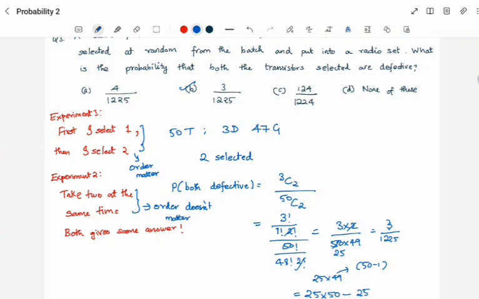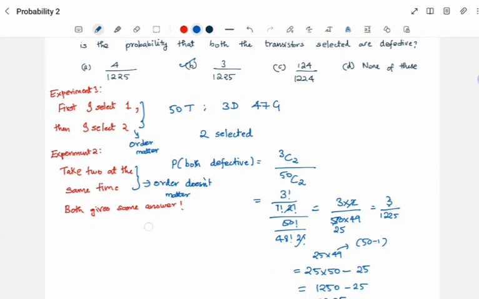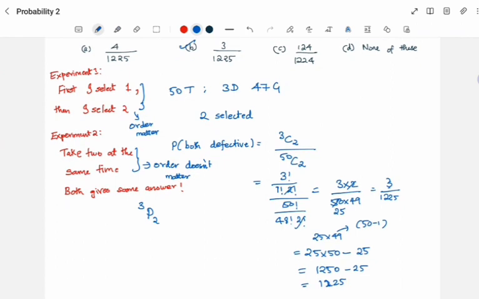So if order is mattering, what will we do? We'll take permutation, right? For this example, let's say both are defective, I will say from 3, 2 I am taking. The order in which I am drawing will matter, correct? And if you see the total, this will be 50P2, correct? 2 I am drawing.